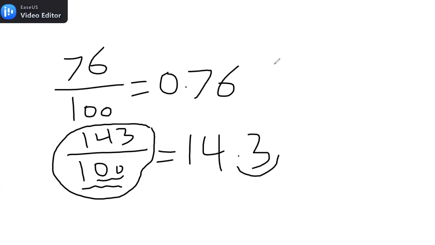How many decimal places here? 1.43. Excellent. So this one is wrong, because the denominator is 100, so we should have two decimal places. So the number is 1.43. Excellent, Yusuf.